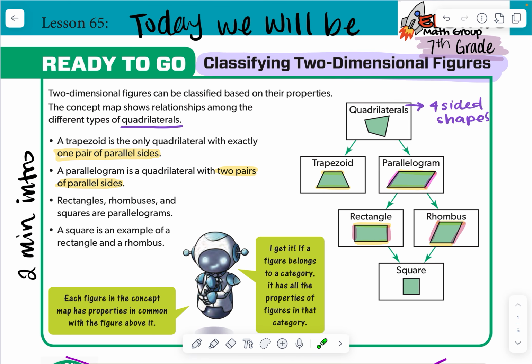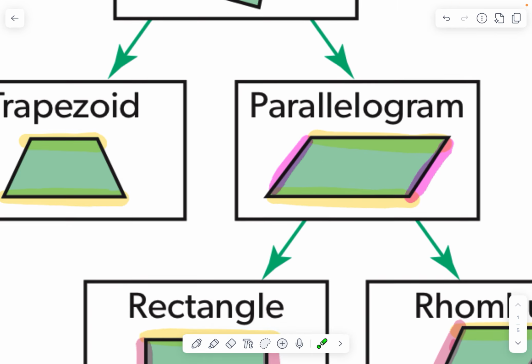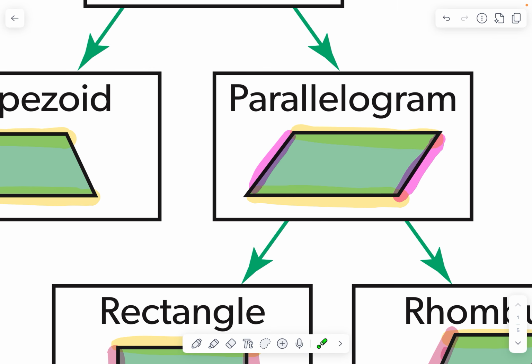A parallelogram, on the other hand, is a quadrilateral with two pairs of parallel sides. So we see that our lengths are parallel, and then the second set of parallel sides are our widths.